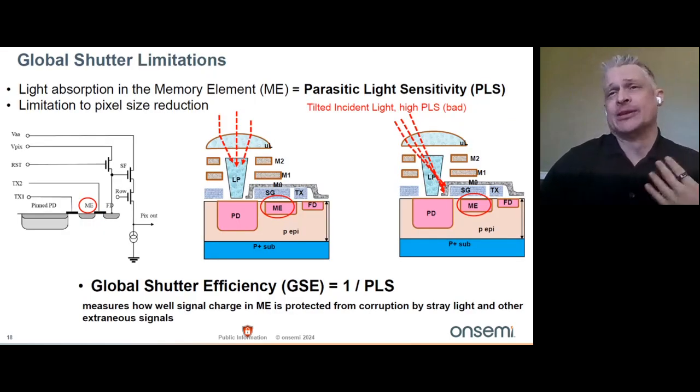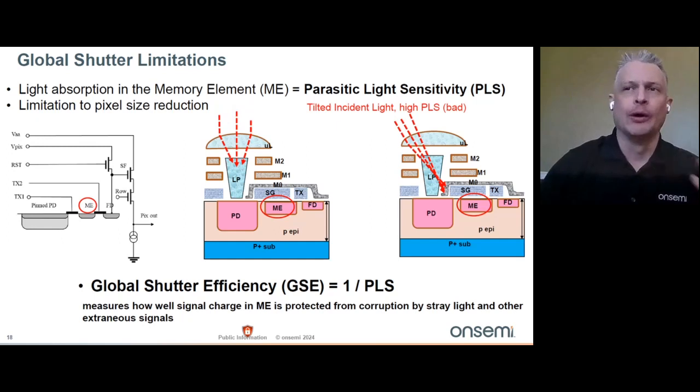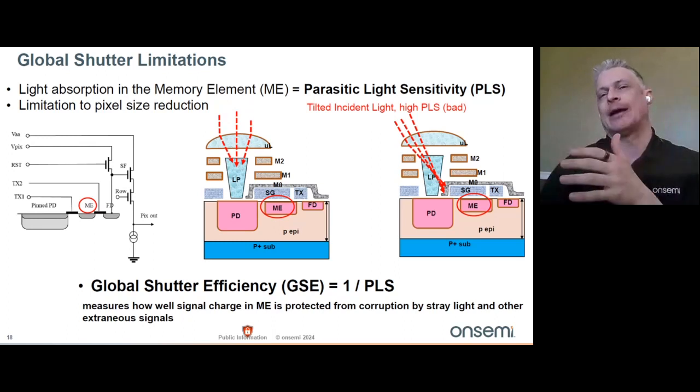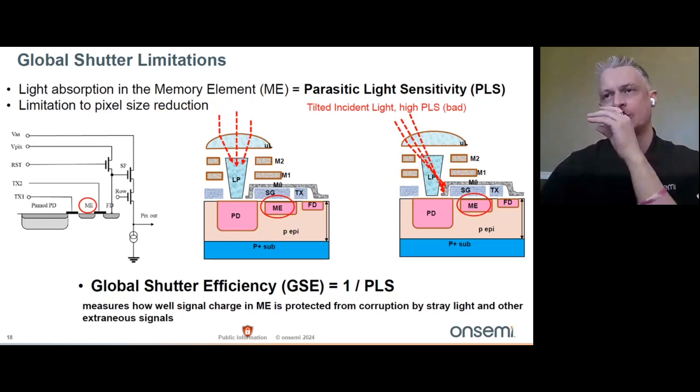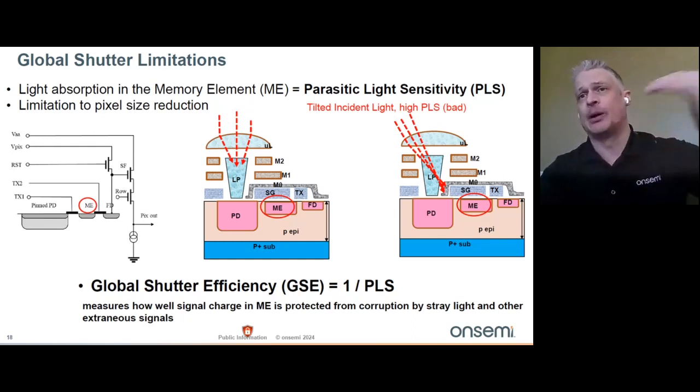Now, one of the limitations that I mentioned before with the global shutter, and this is a cross section of the pixel that I showed you before, is the additional circuitry, and where we actually store that light after the photodiode has been exposed, what we call the memory element. Some people will call it the storage node. But it's subject to getting in parasitic light.